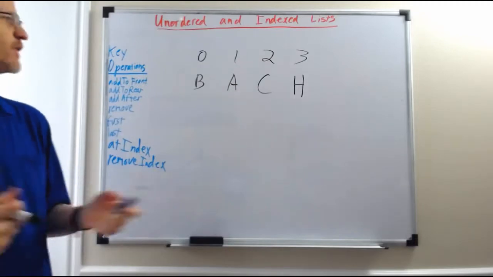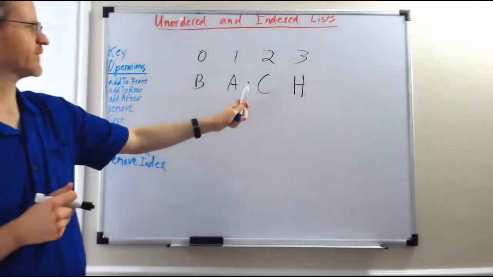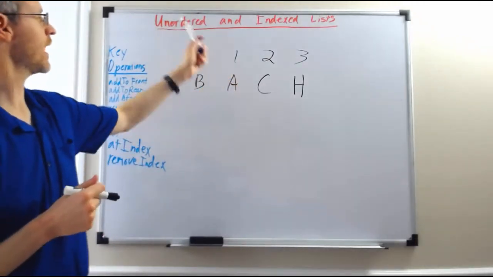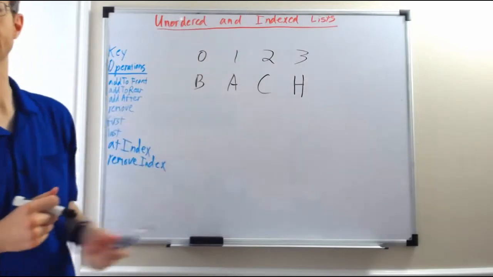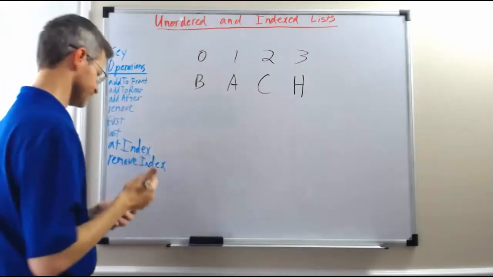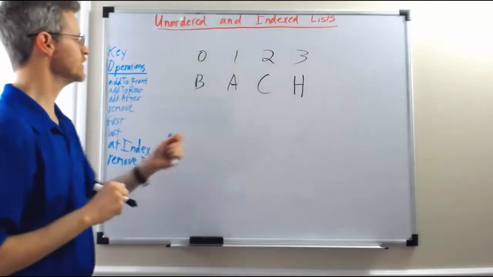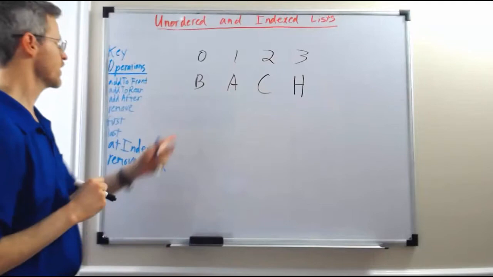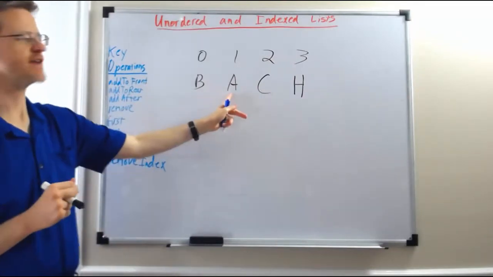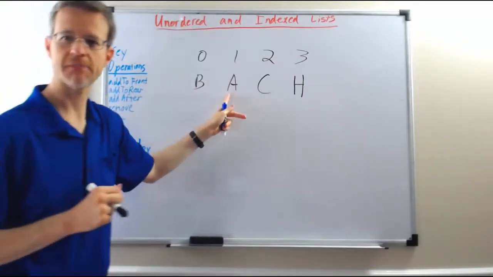The reason we didn't get to BACH before was that I never removed the T for the indexed list case until then. And in some languages, we can even use array style references. So we could just say list sub 1, and that would give us the A.